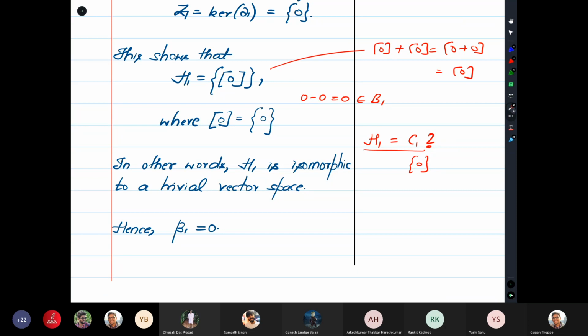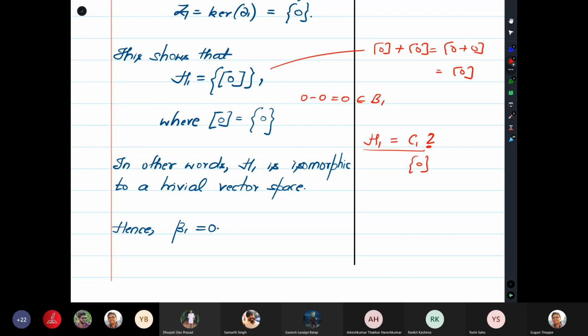What would your answer be? Yes, Durjati, go ahead. Sir, they are not, because H1 represents equivalence classes, and C1 represents a singleton element. Okay, so you are right, Durjati, but let's be a bit more specific.